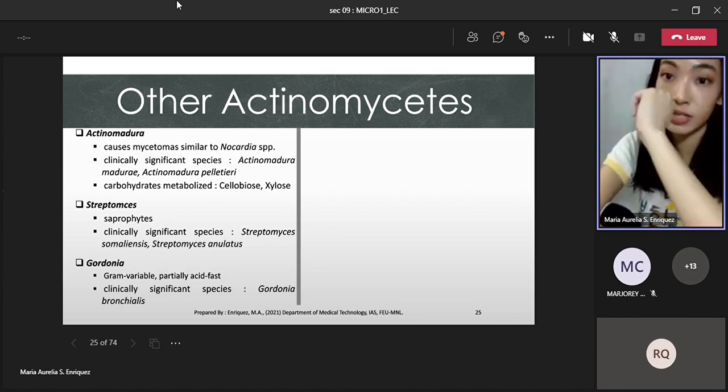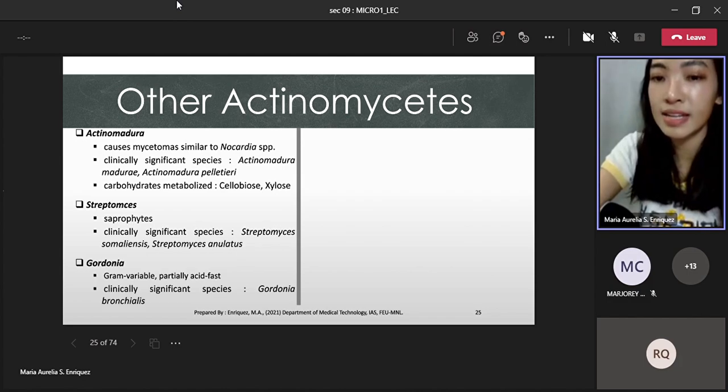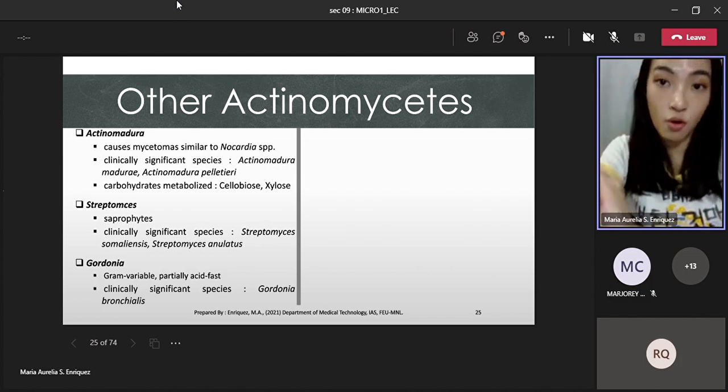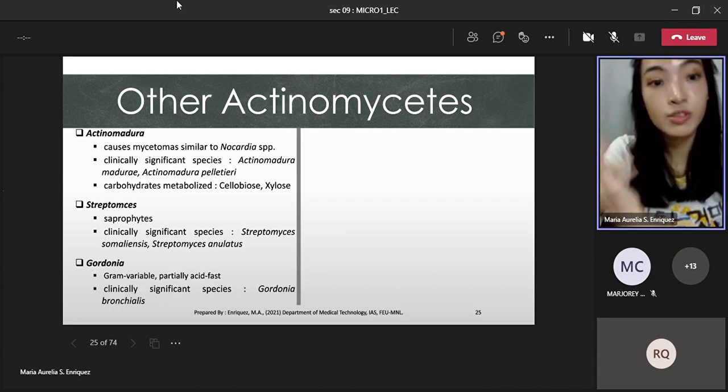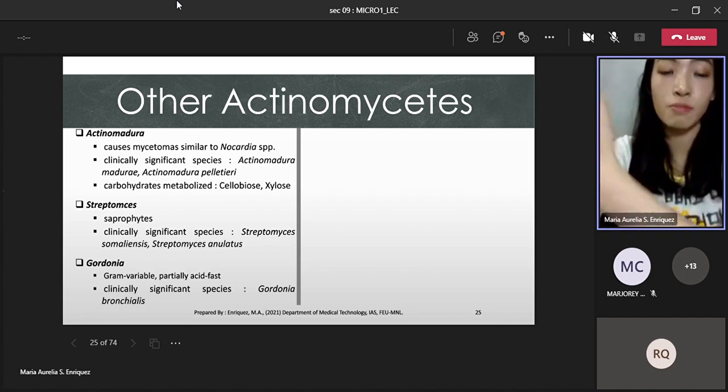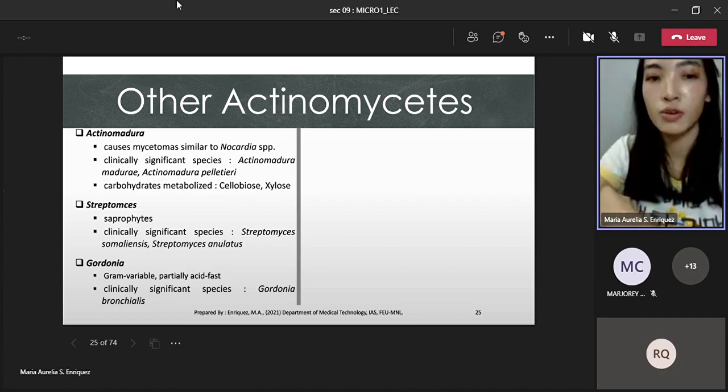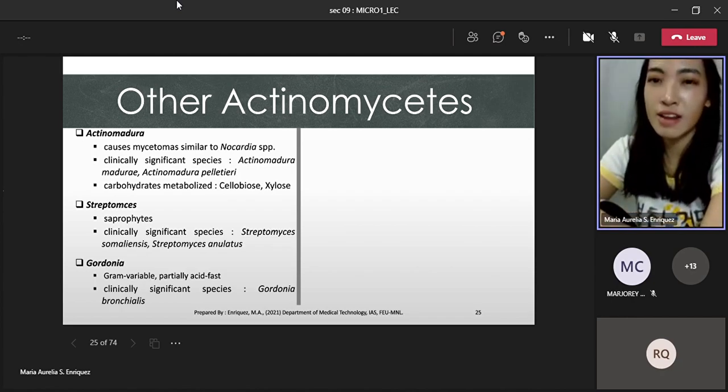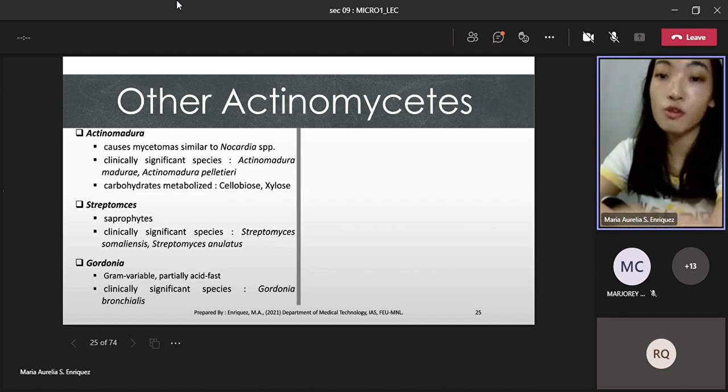So sa carbohydrate utilization test po, kung ang gagamitin natin is cellobiose and xylose, magpa-positive po ang Actinomadura, meaning kayang i-utilize ng Actinomadura yung cellobiose and yung xylose. Pero po, for Nocardia, they can't do this. Okay? So Nocardia species will not produce any form of acid with those two carbohydrates.